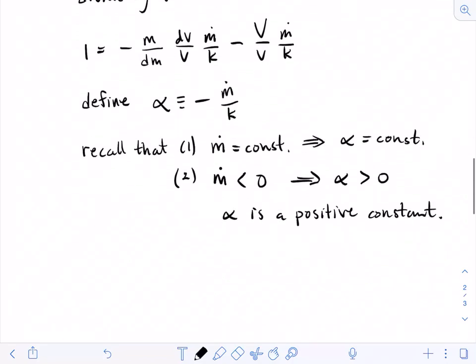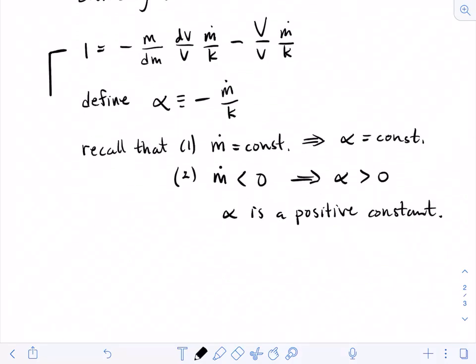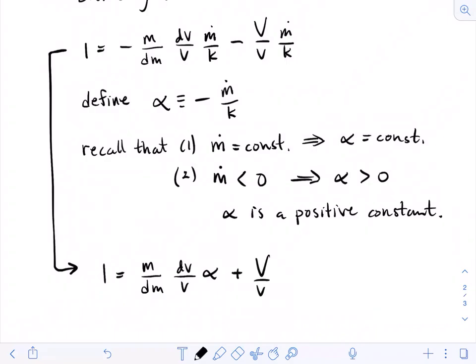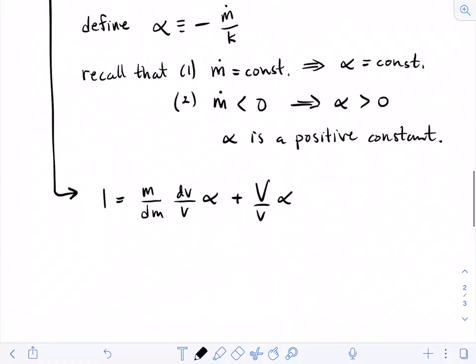Okay, so with that definition of alpha, our expression that we've been working on becomes 1 is equal to m over dm, dv over v, alpha, where alpha is the minus m dot over k, and then we get plus big V over little v times alpha. So we could start to do some rearrangements.